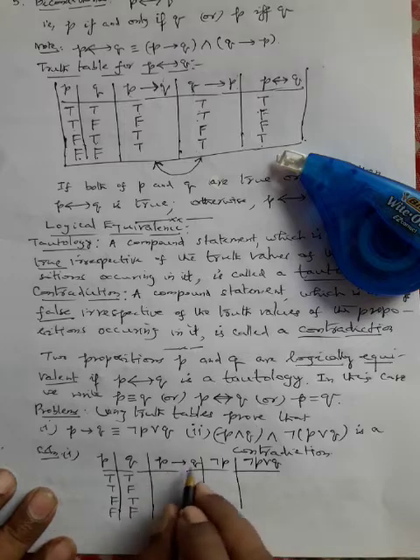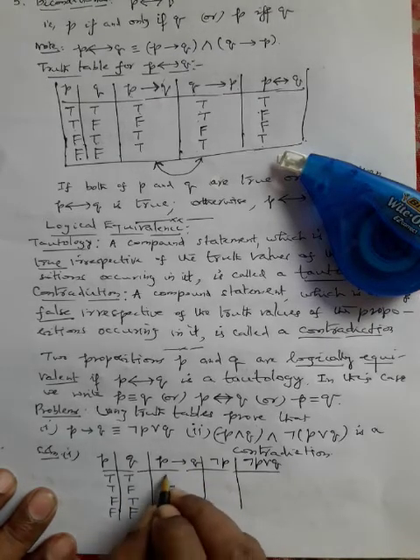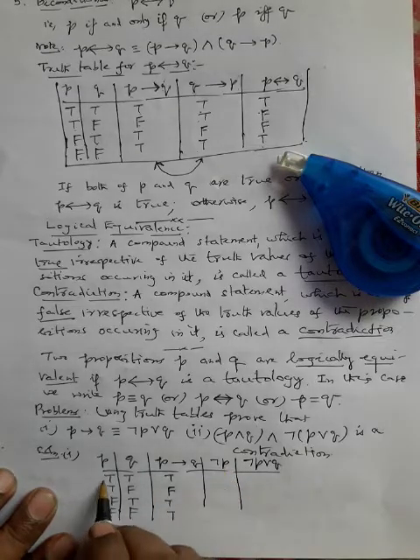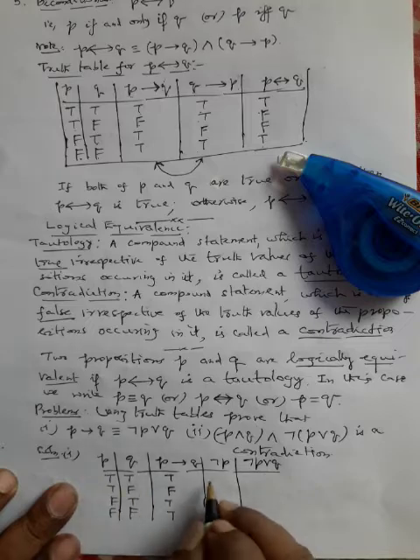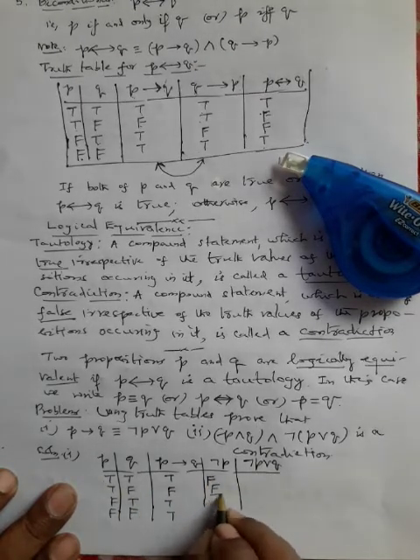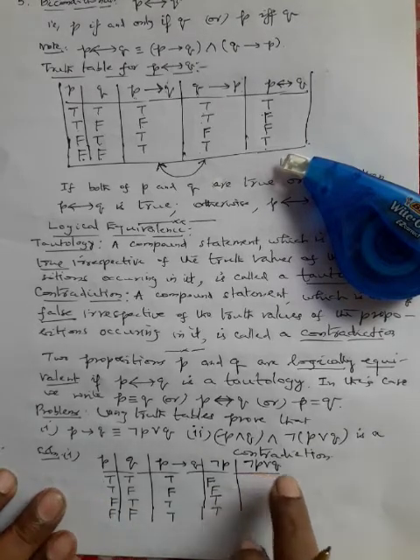P conditional Q is false only when P is true and Q is false, otherwise it is true. Negation P is the opposite of P.